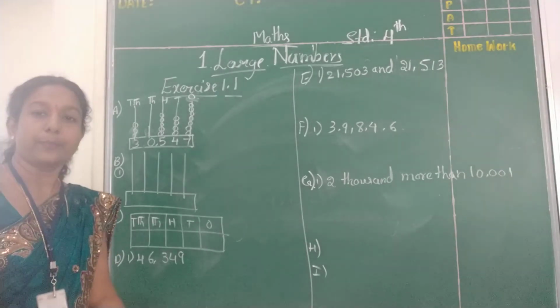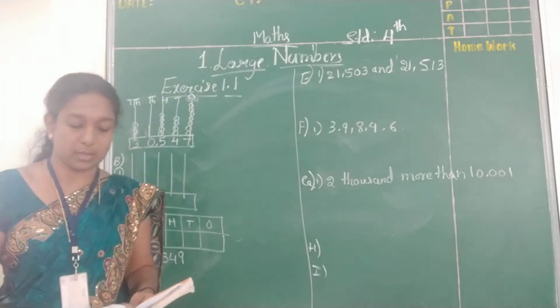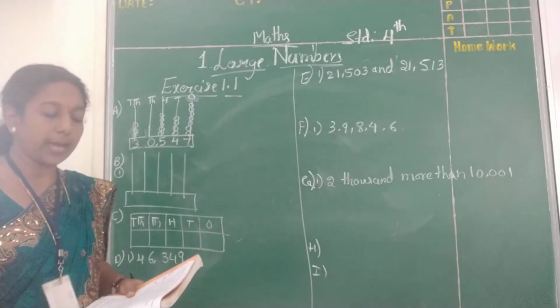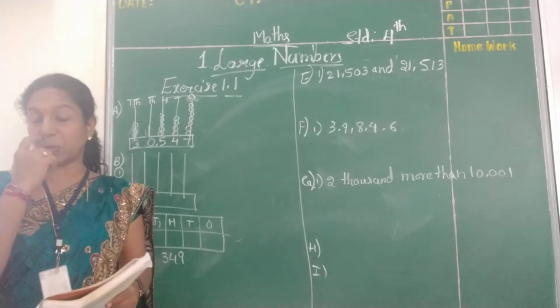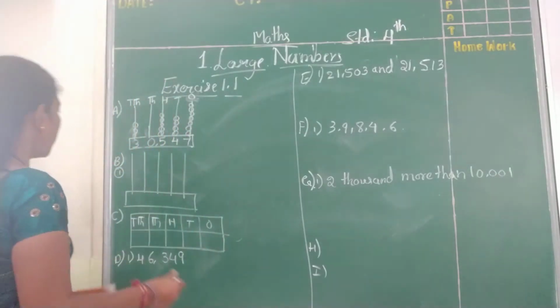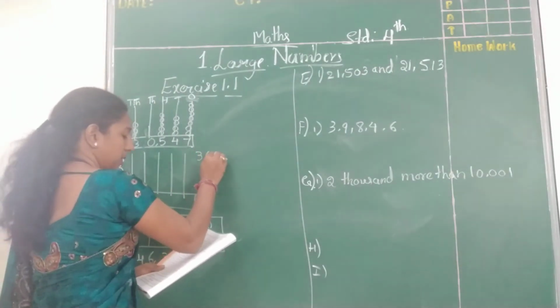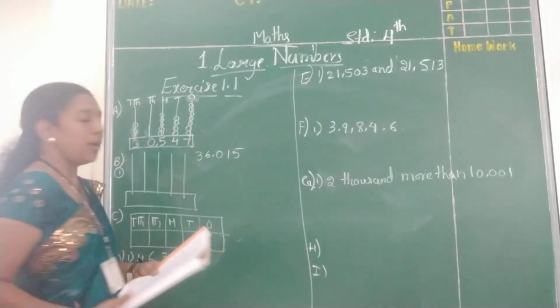Second question now. So what is there in that? Represent the following 5-digit number on an abacus and write their number name. So here they told to write the number name also. So what is the first number? The first number is 36,015.